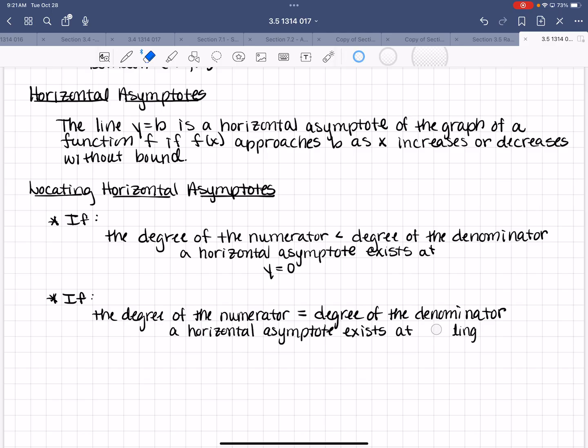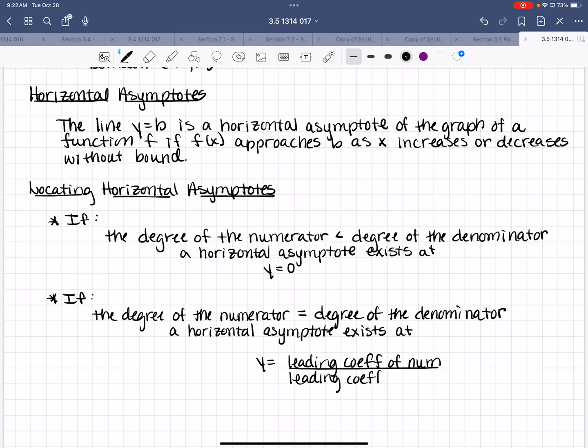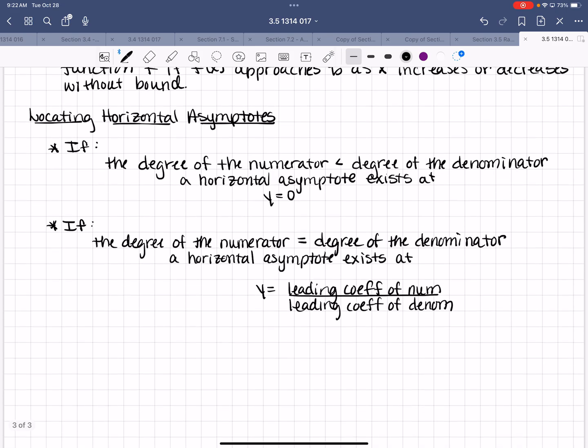Let me write that. At y equals the leading coefficient of the numerator divided by the leading coefficient of the denominator. So if I have 3x squared plus 1 over 2x squared minus 1, there's going to be a horizontal asymptote at 3 over 2. And we'll do one. Don't worry.